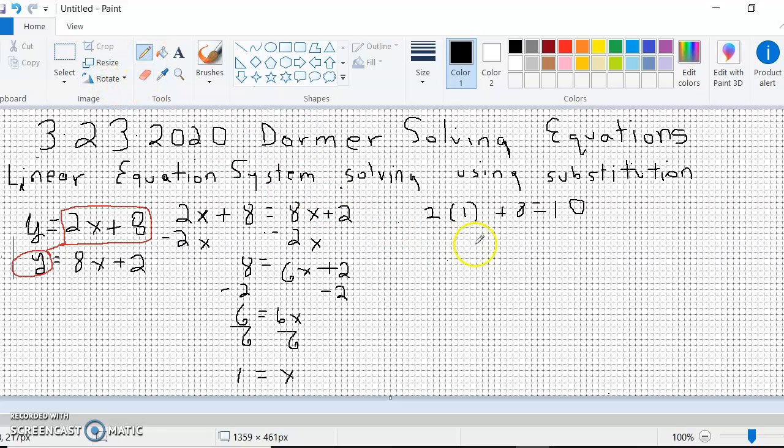Okay, so I have 8 times 1 plus 2 is equal to 10. So my x is equal to 1 and my y is equal to 10.